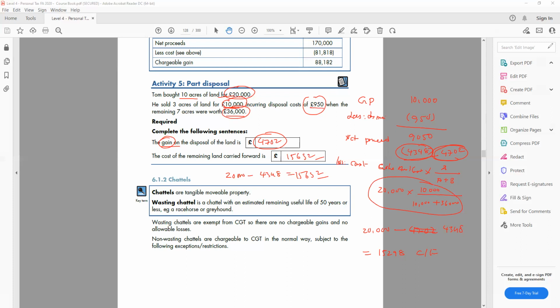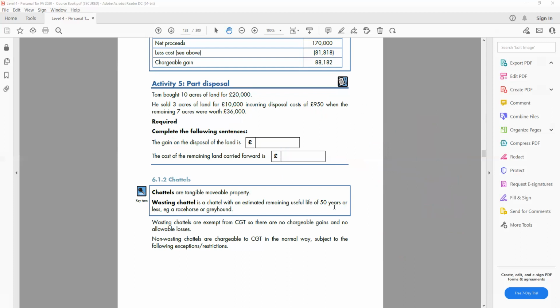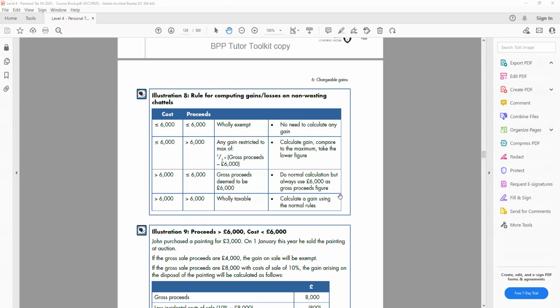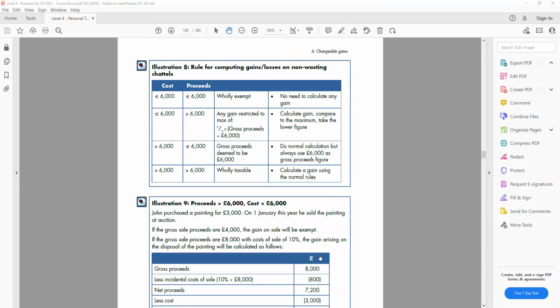All right, it's not a very difficult one anyway. So let's move to the next one, the chattels. As I said, there is a box that we have to remember, the rules for computing the chattel gain.